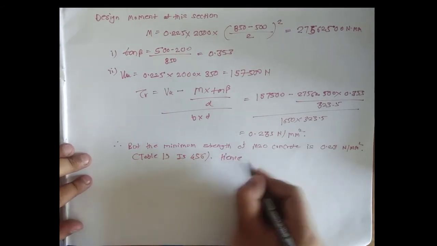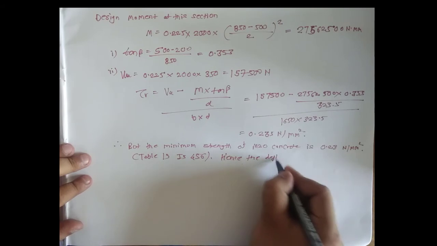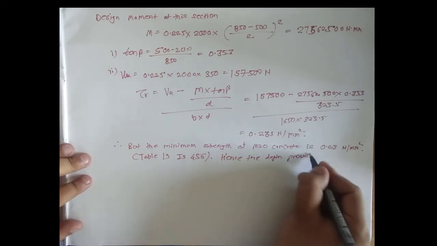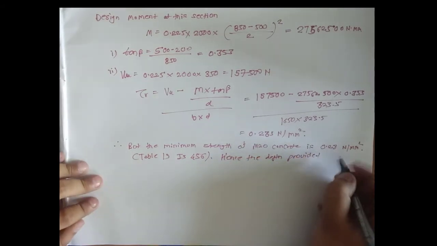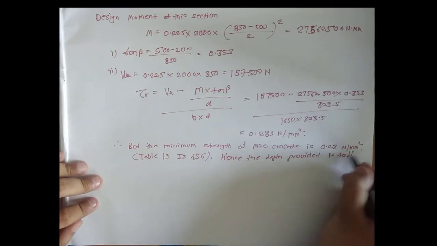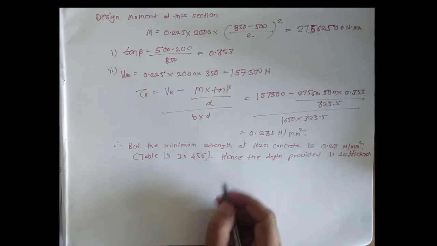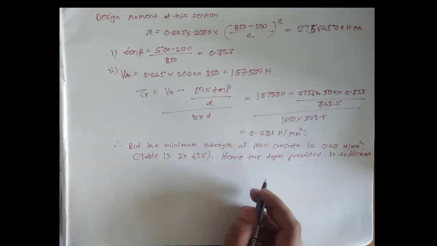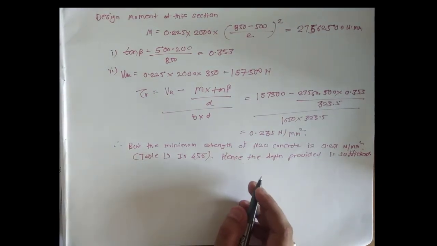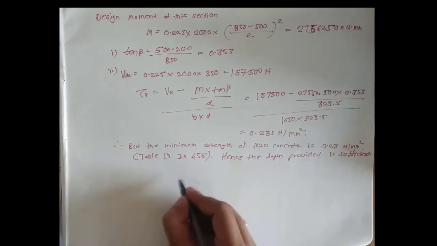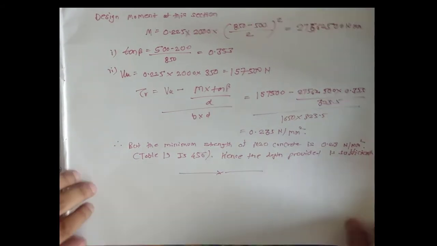Hence the depth provided is sufficient. Okay, the depth required will be sufficient. So now we'll see the calculation for check for two-way shear.